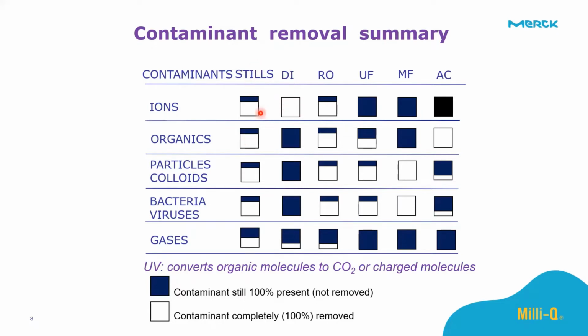So we have distillation, deionization, reverse osmosis, ultrafiltration, microfiltration, and activated carbon. You can see their effect on each of these contaminants. And what is really showing is that distillation has an effect on all the contaminants, but it does not remove completely any of the contaminants.